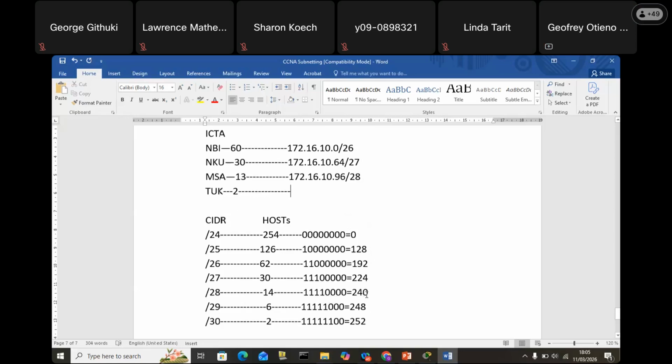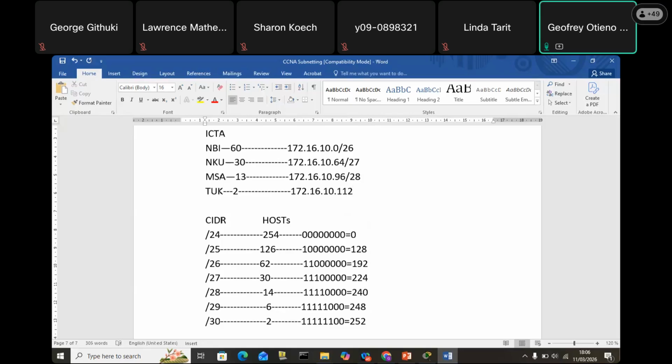So total to 240. If you convert that to decimal, 240, so 256 minus 240. We subtract 240 from 256. You get what? 16, correct. So 16 plus 96 is 112, correct.